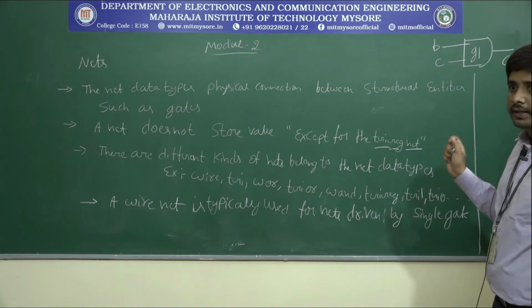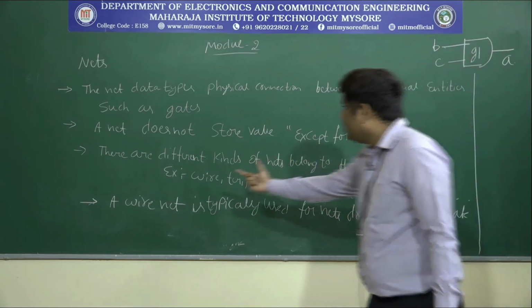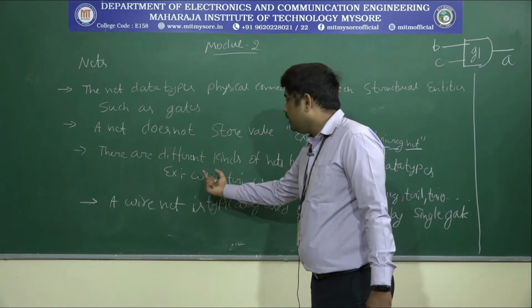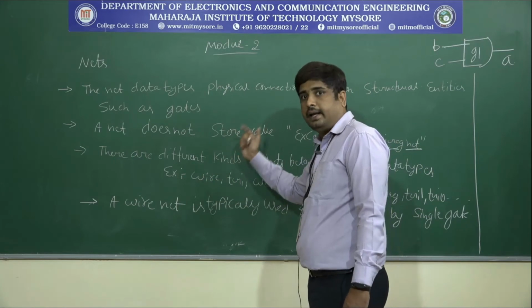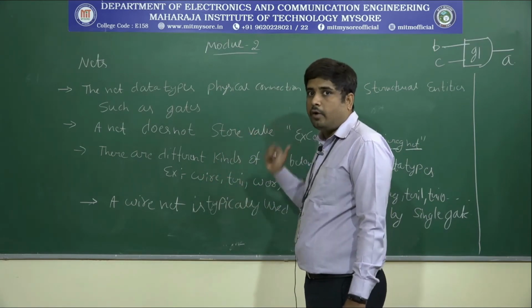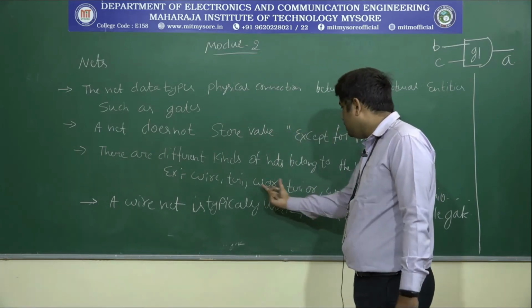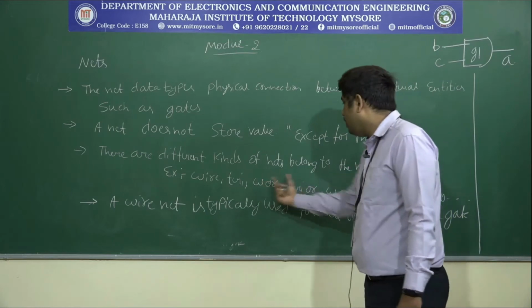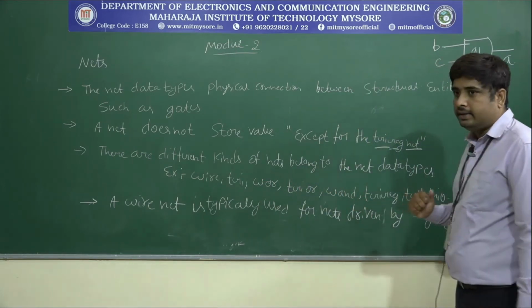These are all examples that belong to nets. Except for wire, in theory in this subject we will discuss wire in detail again. We use wire signals throughout the programming, but practically in your lab we use these types of signals: wor, trior, wand, triand, supply1 and supply0.